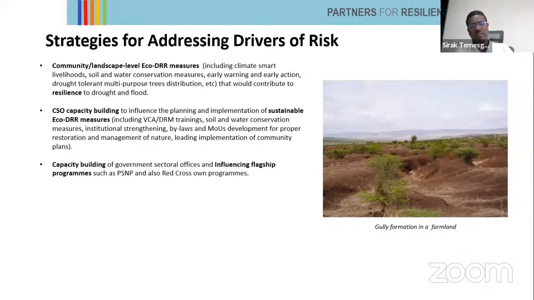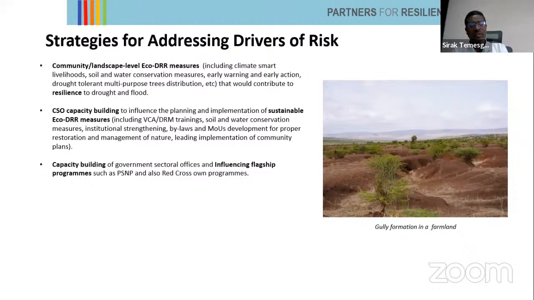The second strategy we supported under the Eco-DRR project is CSO capacity building. This helps us influence the planning and implementation of sustainable Eco-DRR measures at the community level. This includes vulnerability and capacity assessment and disaster risk management training, which we have provided for various partners and CSOs that could support the implementation of these different measures.